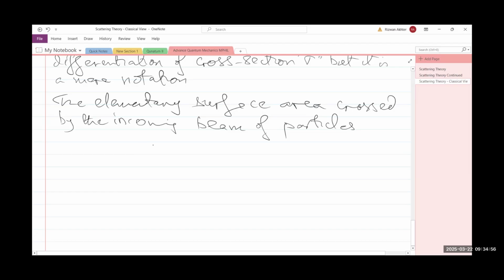So we could think about sigma times d omega, and this is nothing but b times d phi into db. db is the differential impact parameter, and so one could think about these quantities, that is deflection function, by combining the expression जो हमने पहले निकाली थी, that is this expression.